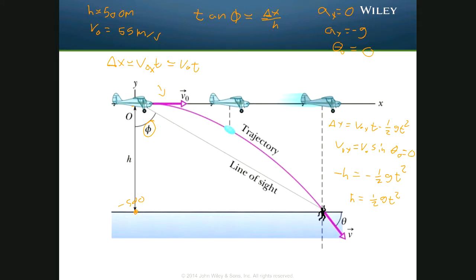We can just solve for t, which equals 2h over g to the 1/2 power, or the square root, whichever you like. Now you'll notice we have t in terms of stuff we know. So we can plug in and solve for t.